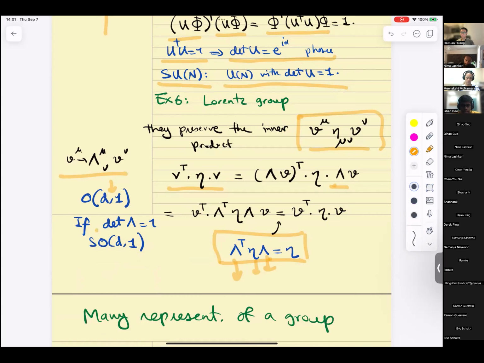Now, if the determinant of lambda is 1, we call that SO(d,1). The distinction between the two is going to be important in quantum field theory. That is where CPT, charge conjugation, time reversal, and parity are going to come about.